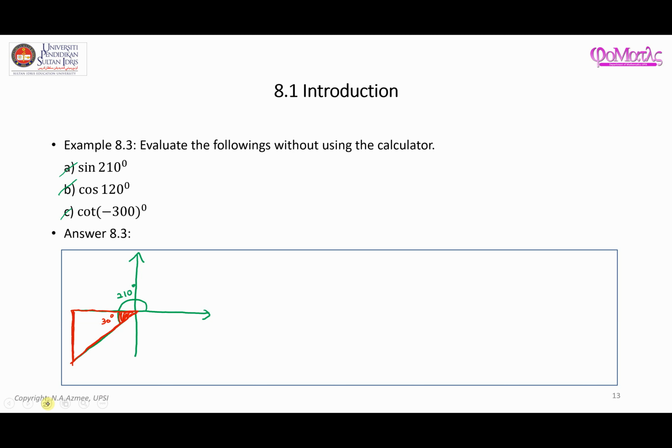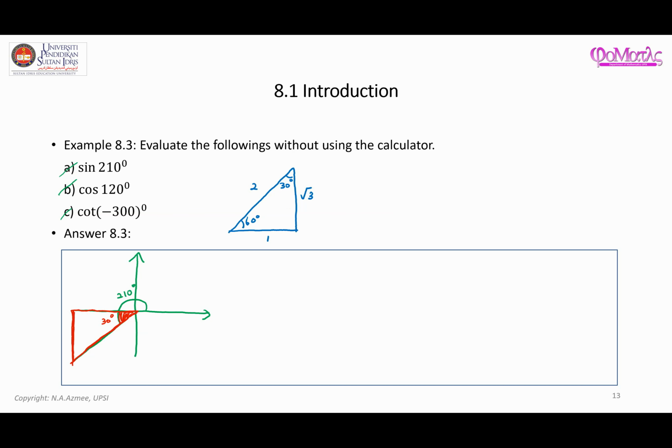We have learned about special angles in the previous video, where you have 30 degrees and 60 degrees, and the lengths of the sides are given by root 3, 1, and 2. These are the values for special angles which you have seen in the previous video.